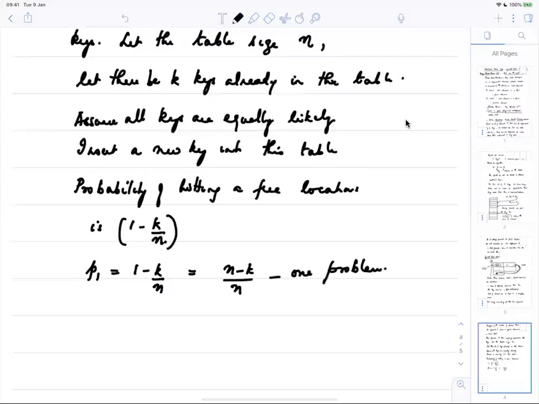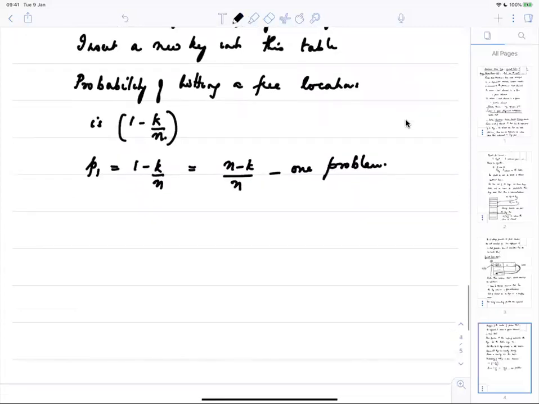Now suppose it needs a second probe. What will P2 be? P2 is k by n, because there was a collision, times n minus k by n minus 1, because you're going to try hopefully a new location where you'll find an empty location.